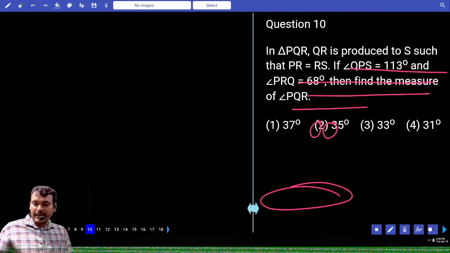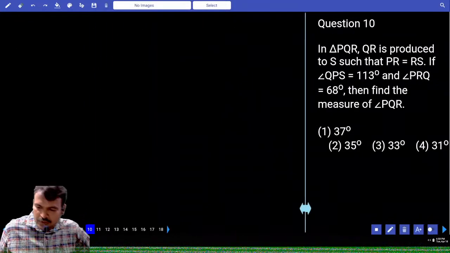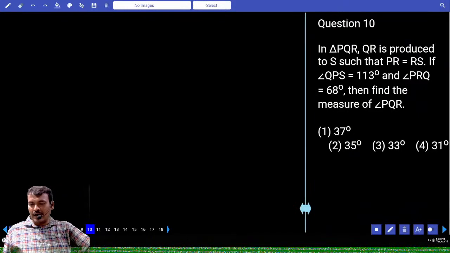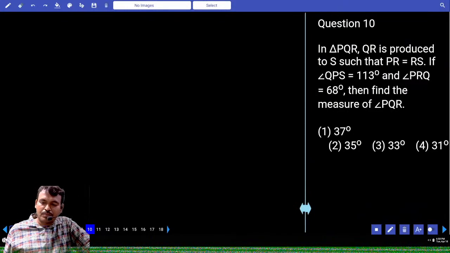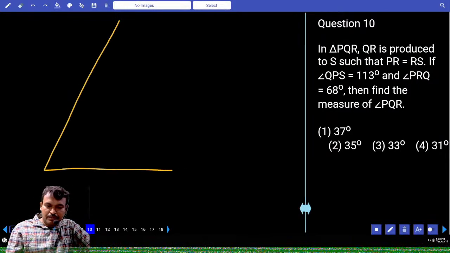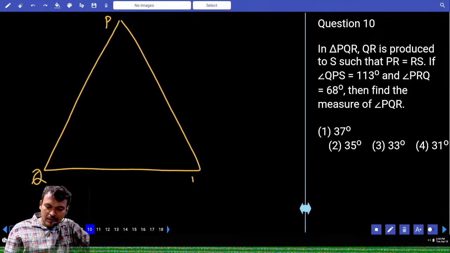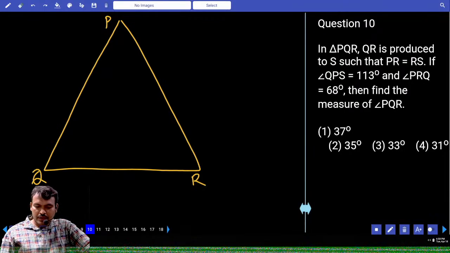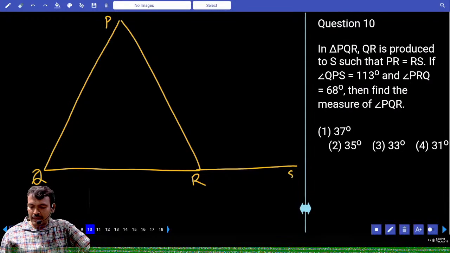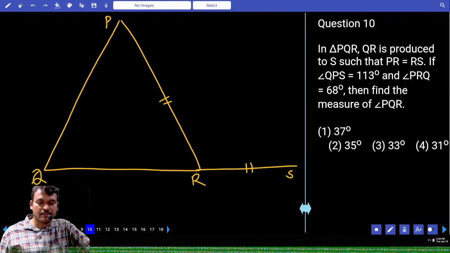Next, question number 10. In triangle PQR, QR is produced to S, and PR equals RS, and angle QPS equals 113 degrees. First of all, triangle PQR, QR is produced to S and PR equals RS.